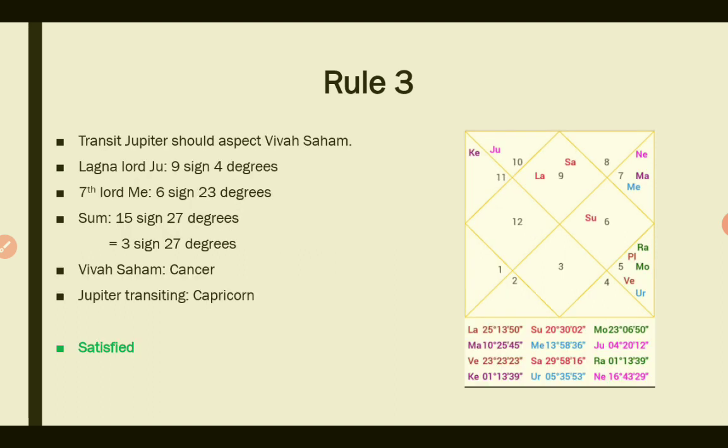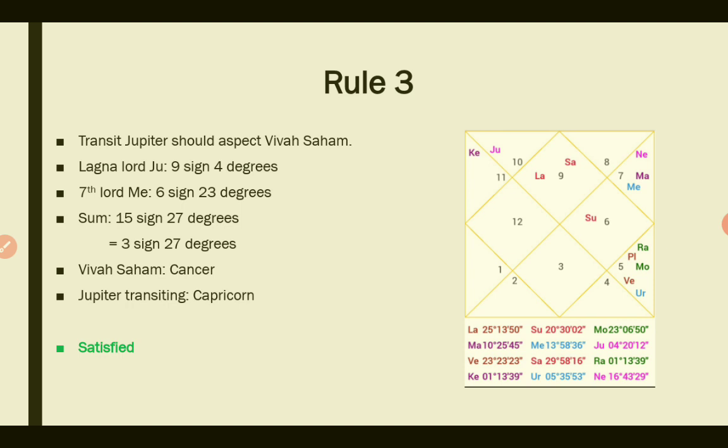Rule 3, which I found working in most of the charts that I have come across, is that the transit of Jupiter should aspect the Vivaha Saham. First of all, we need to calculate the Vivaha Saham. For that, we add the longitudes of the Lagna Lord and the 7th Lord.